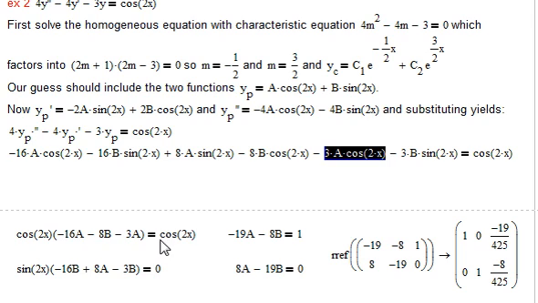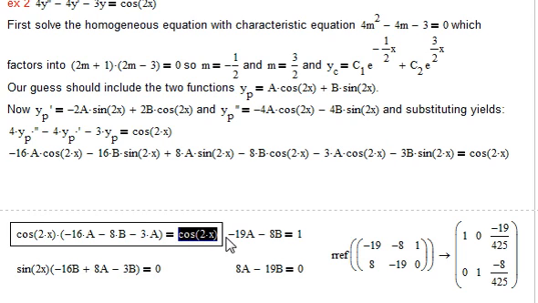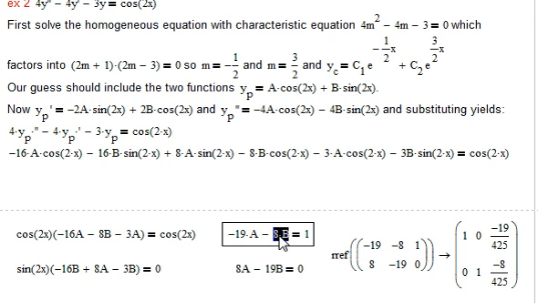And that has to be equal to 1 times the cosine on the right-hand side. So that means negative 19a minus 8b has to be positive 1. Hopefully you see that, right?